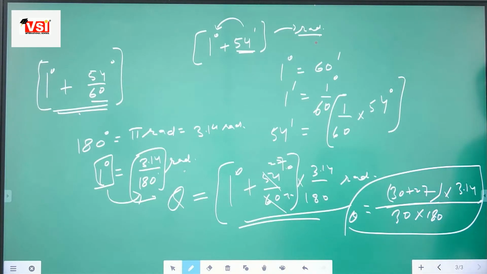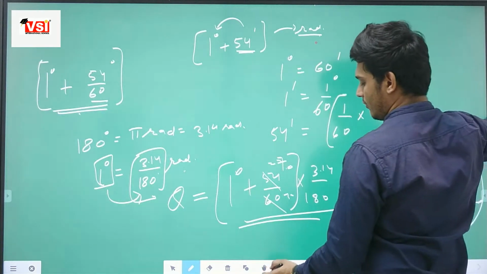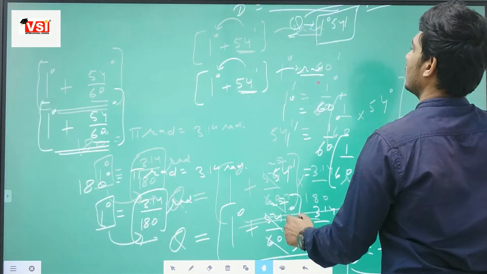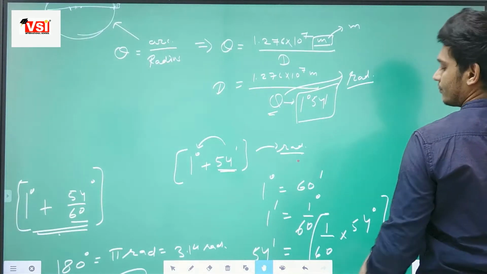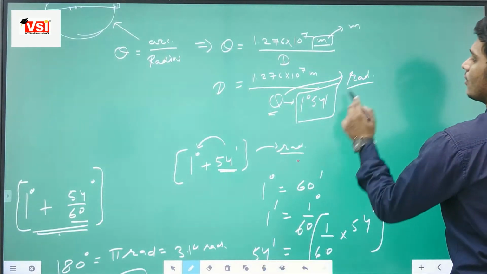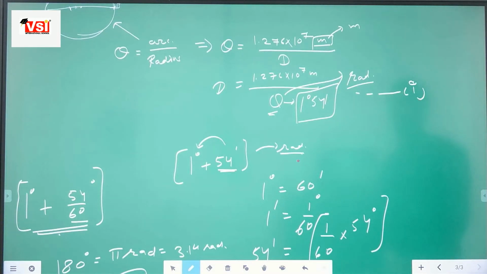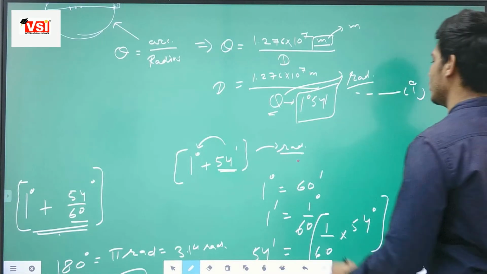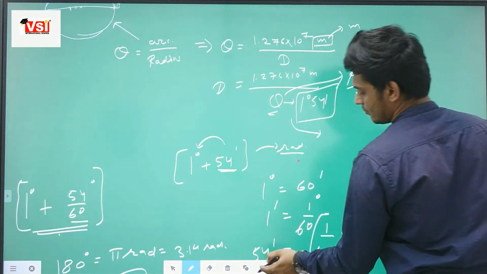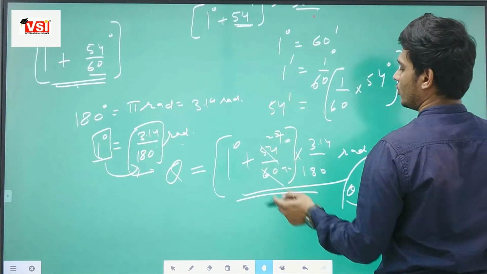Let's substitute the value of angle theta in the previous equation, that is, equation number 1. Putting the value of theta in radian in equation number 1, what are we going to get?